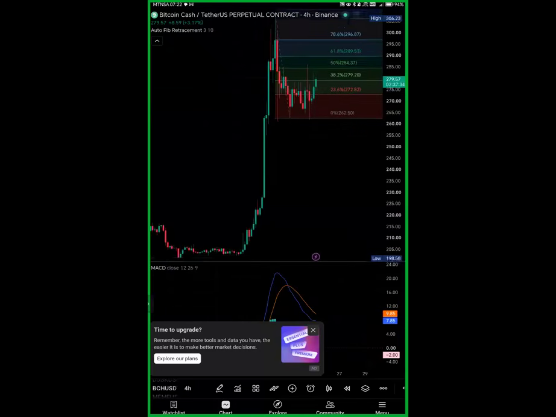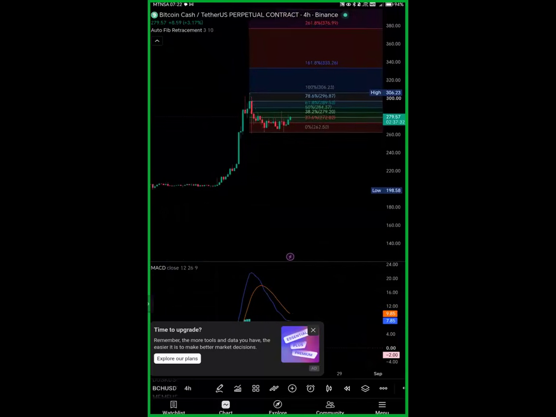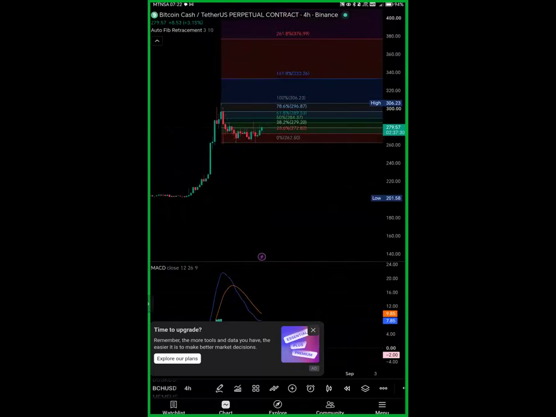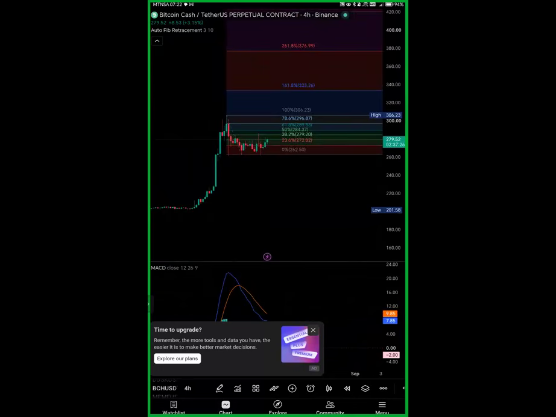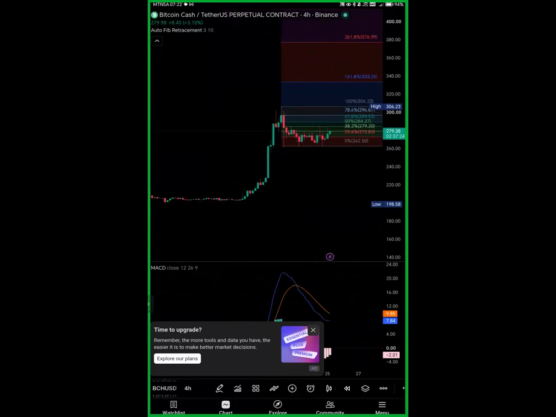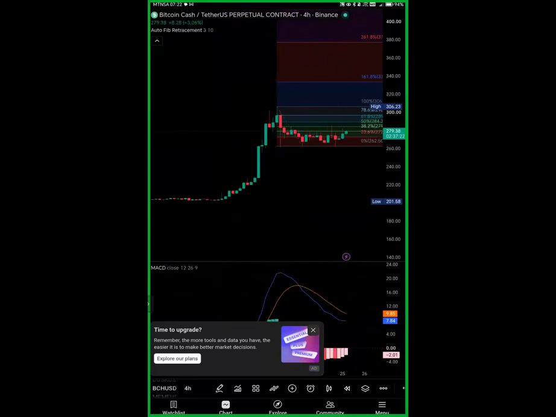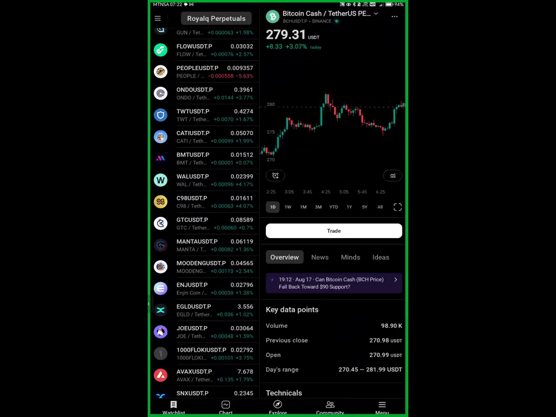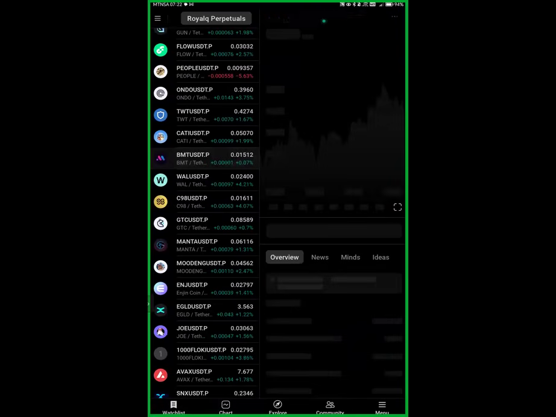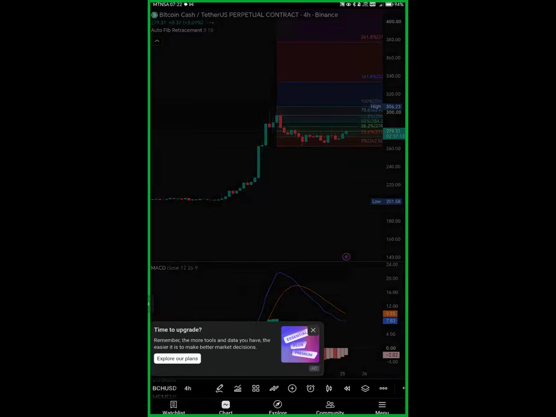This is the 1 day time frame. This coin was falling some other time. Let's see.